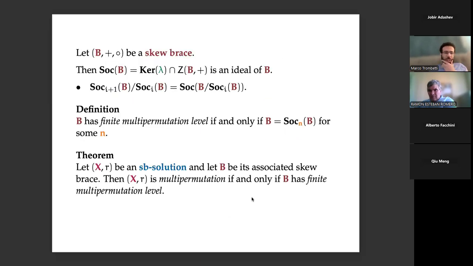But surprisingly enough, you will see that there is this nice theorem. I think this theorem is in some paper also of Adolfo, Ramon, Vincent, I think, but Ramon will confirm that later. And it says that a skew brace solution, which is a solution that comes from the skew brace world, is a multipermutation solution if and only if the associated skew brace is of finite multipermutation level.